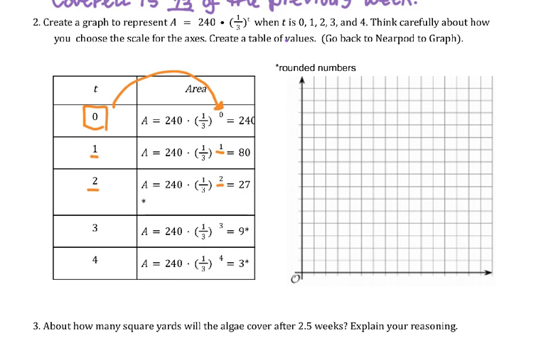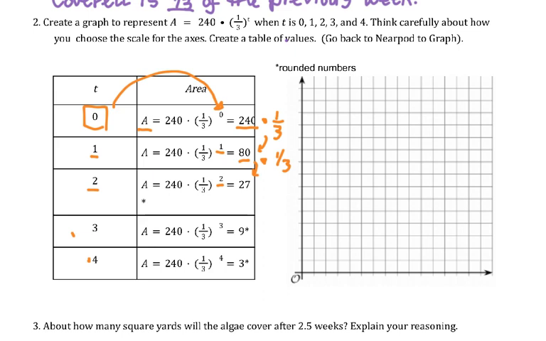So when I calculate the area, you can see I start at 240, I drop to 80. This is 1/3. If I multiply 240 times 1/3, I get 80. When I take 80 and multiply that by 1/3, I get 27.